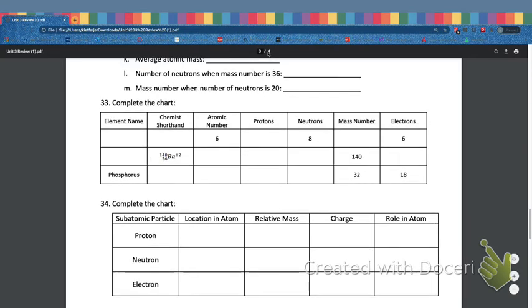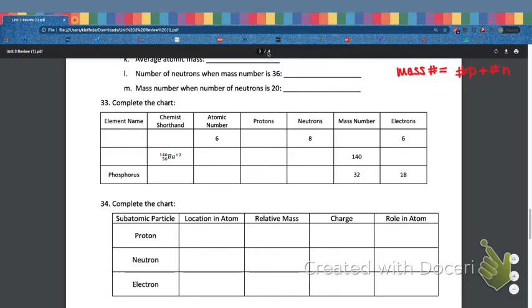Okay, so the number of neutrons when the mass number is 36. Remember, our mass number is just the total number of protons and neutrons. So mass number equals the number of protons plus the number of neutrons.